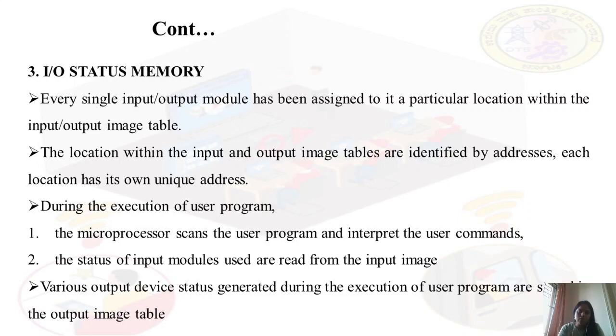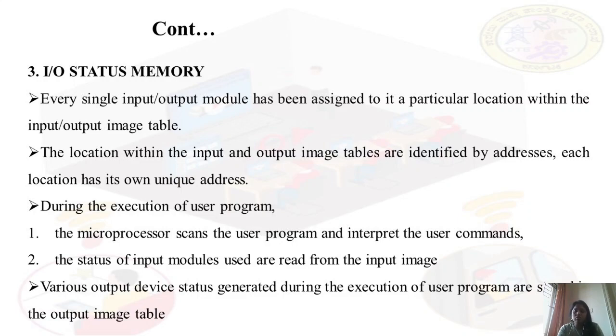The locations within the input and output image tables are identified by addresses. Each location has its own unique address for the input image file as well as the output image file. During the execution of the user program, the microprocessor scans the user program and interprets the user commands.